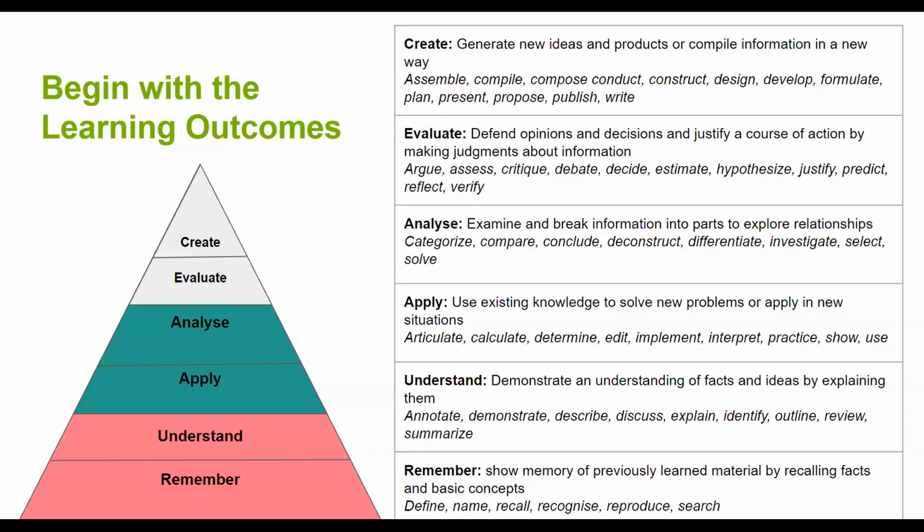The learning outcomes that require less complex responses, or lower order learning, will fall into the remember and understand categories. Higher, more complex responses will be higher order learning, and they will fall into the apply, analyze, and evaluate categories.